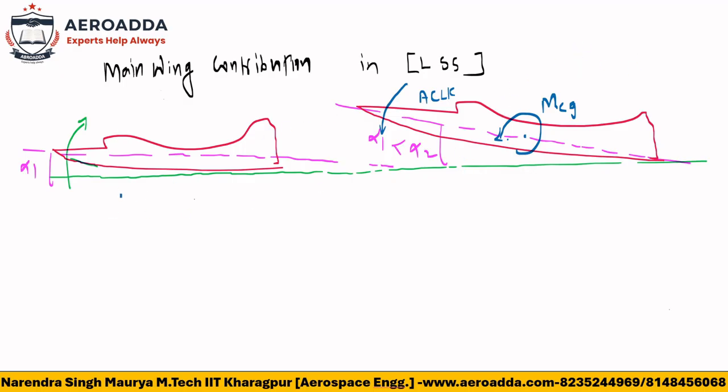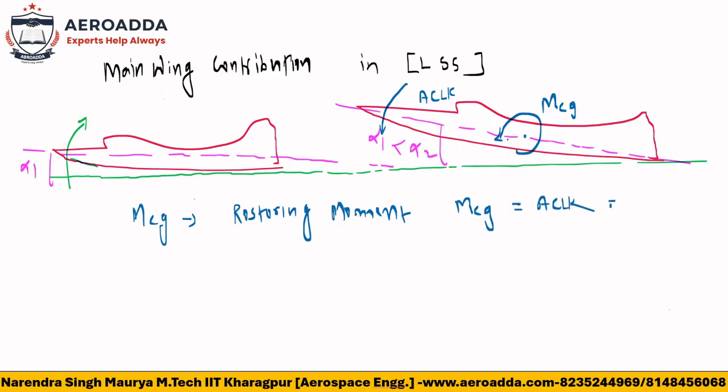So this MCG is the anti-clockwise moment. That's the reason it is also called a restoring moment. This is called the restoring moment, and it will give the positive impact, which is nothing but MCG or CMCG. Because it is an anti-clockwise moment, this sign convention must be negative.